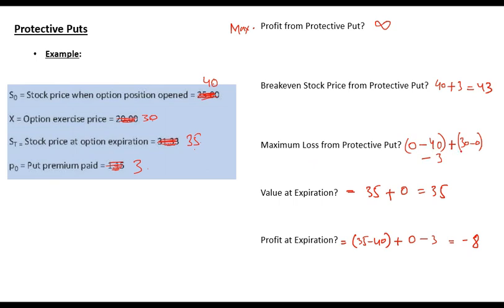Should it be minus 40 plus 30 minus 3? So what is the answer? Minus 13. Any confusion, problems up till here?